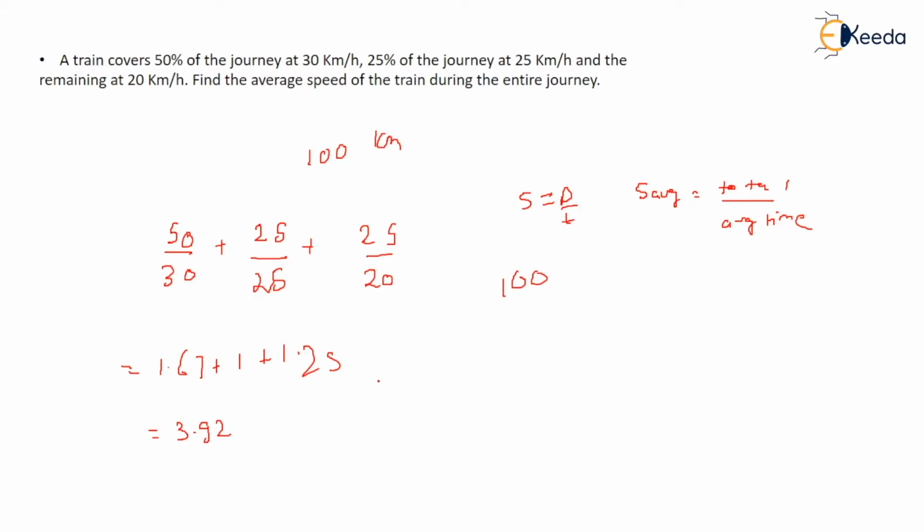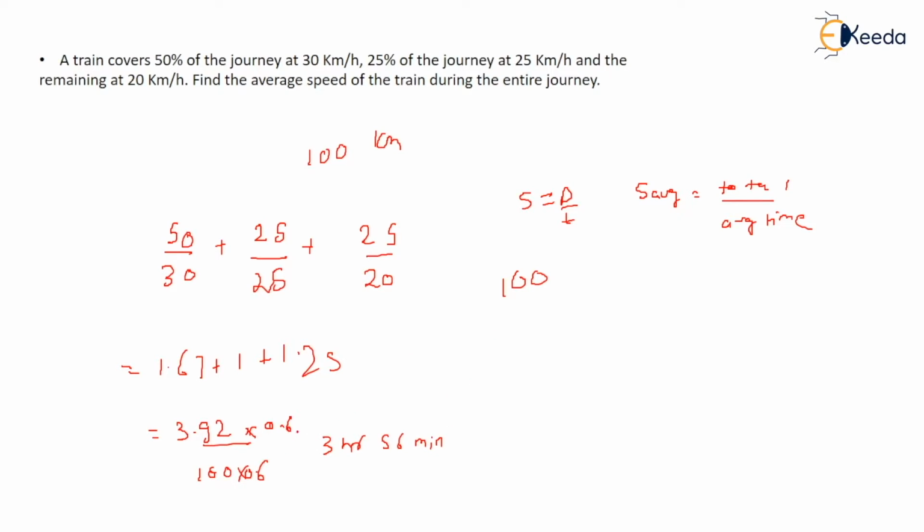In order to convert to minutes, the base is 60 rather than 100, so you multiply it by 0.6. So 92 into 0.6 comes out to be 56 minutes. So 3 hours and 56 minutes is the time to cover these 100 kilometers.